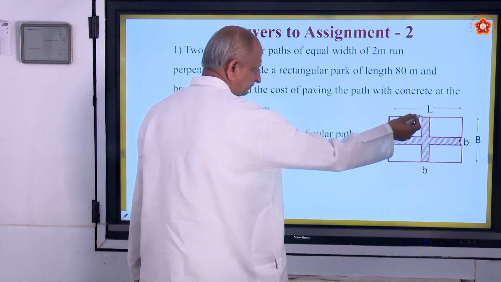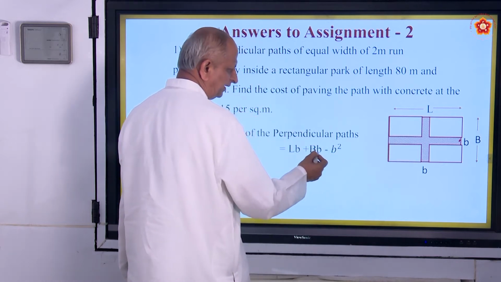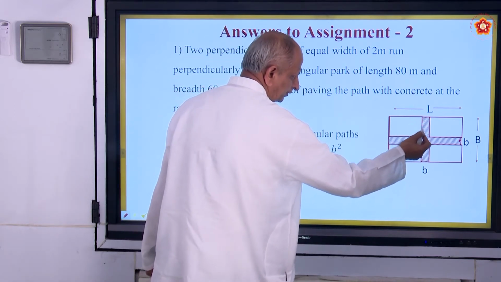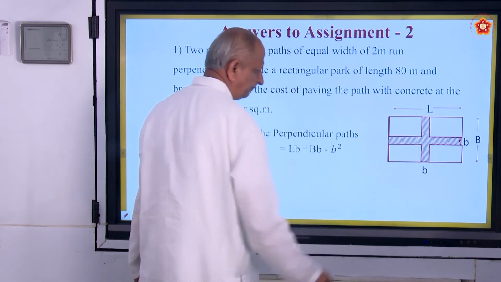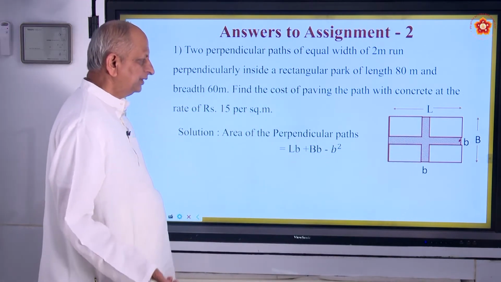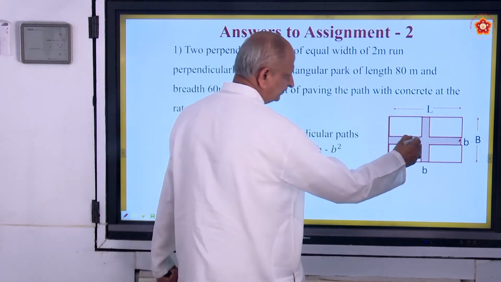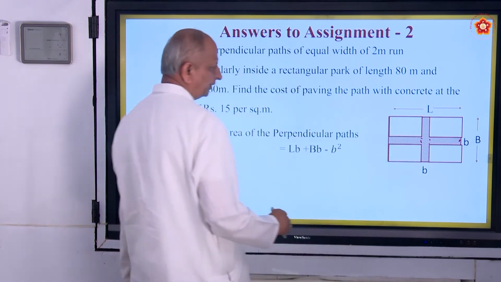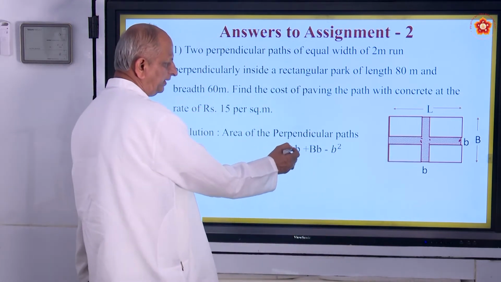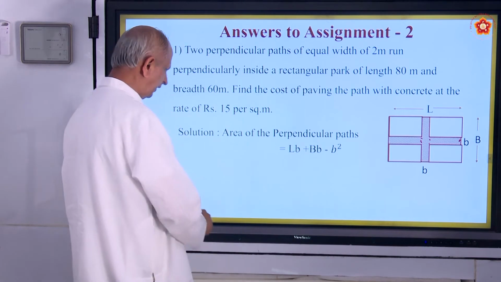And if you take this path, it will be capital B into small b. So this is capital B length and breadth will be small b. In that we have to subtract this area of the square. So when you subtract it, LB plus Bb minus b square.